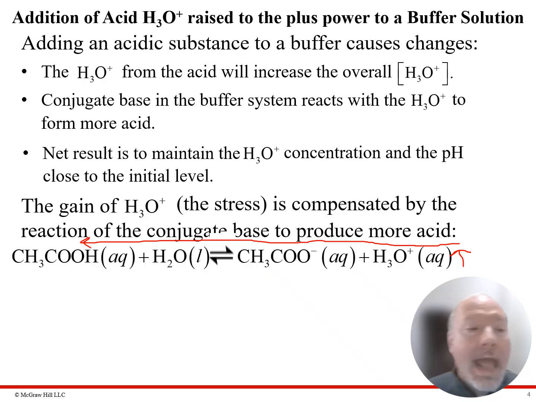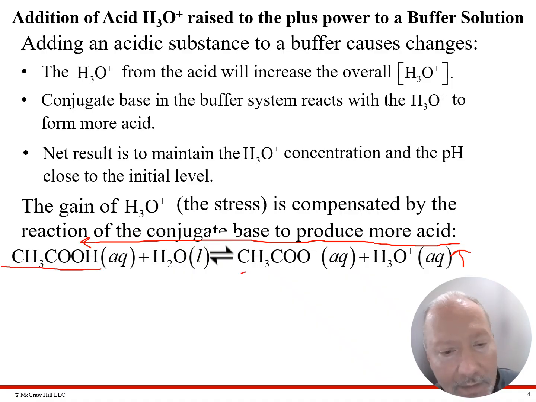You create a buffer by having equal concentrations of CH3COOH and the anion.